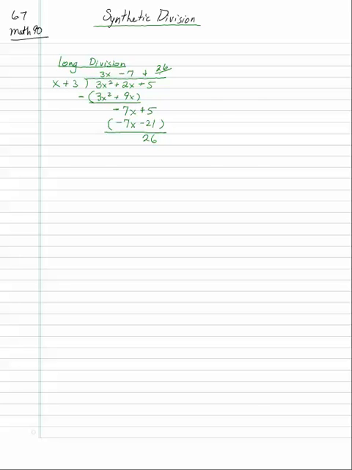And what happens is with synthetic division, you're going to change the sign. You're going to use negative 3, and you're going to write negative 3 over here, and then you're going to take your coefficients 3, 2, 5.